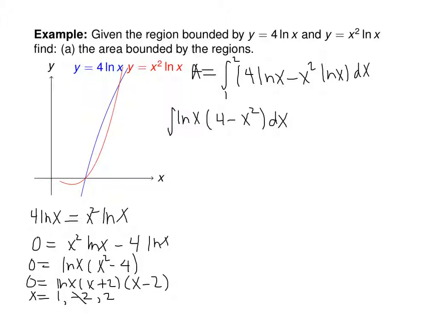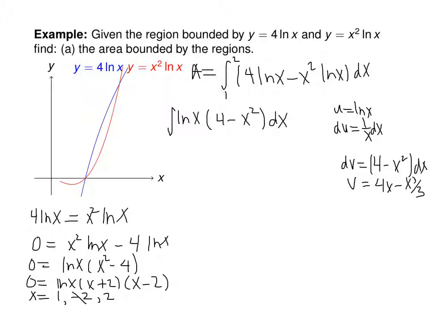Now, if we let u equal ln x, du is 1 over x dx. And then if we have dv equal to 4 minus x squared dx, v will equal 4x minus x cubed over 3.